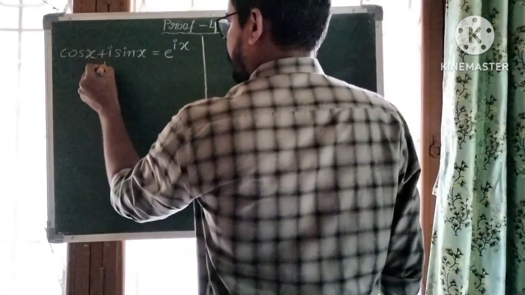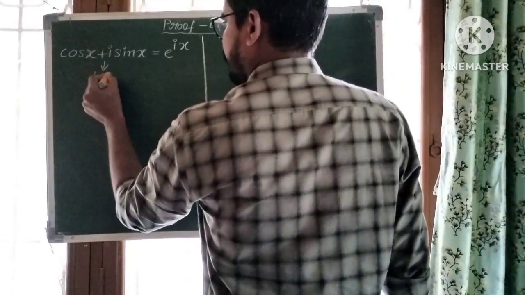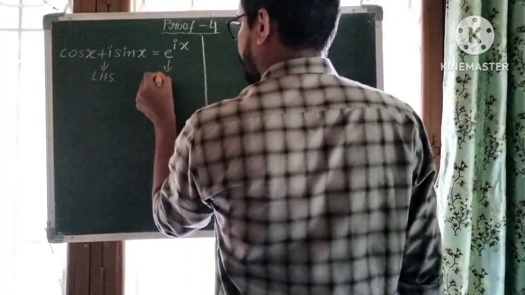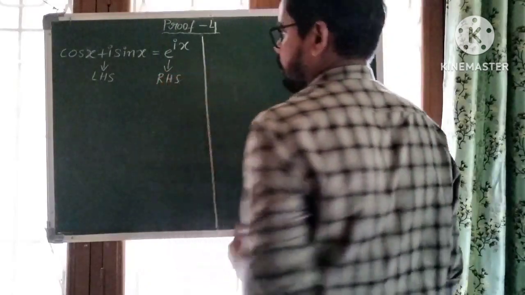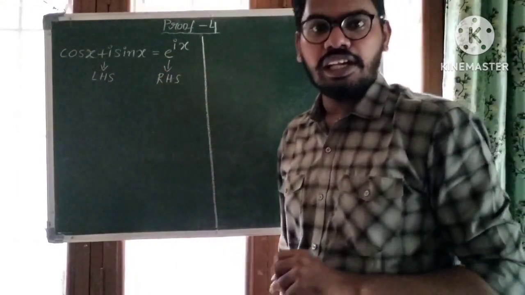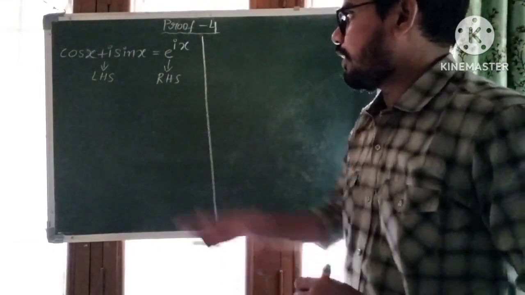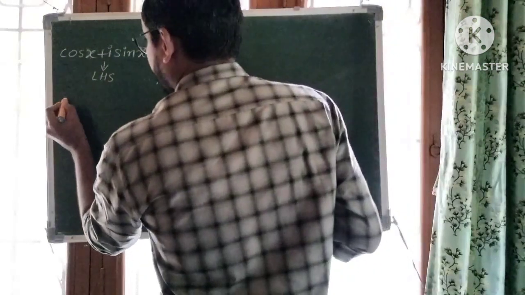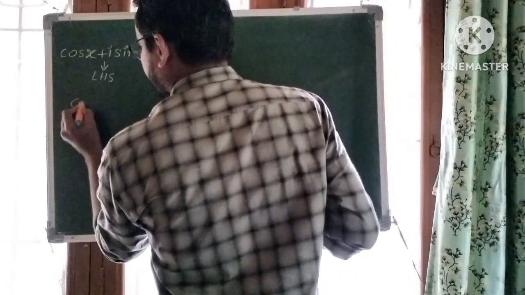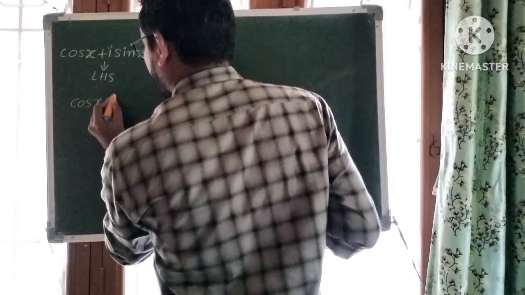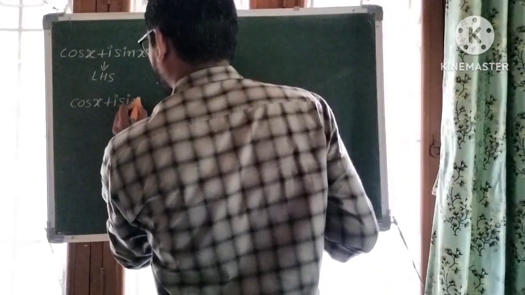This is the LHS, left hand side expression, and this is the RHS, right hand side expression. We have to prove LHS equals RHS. So let us consider LHS, cos x plus i sin x.